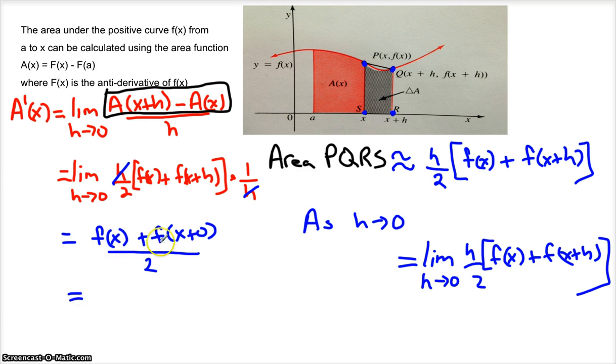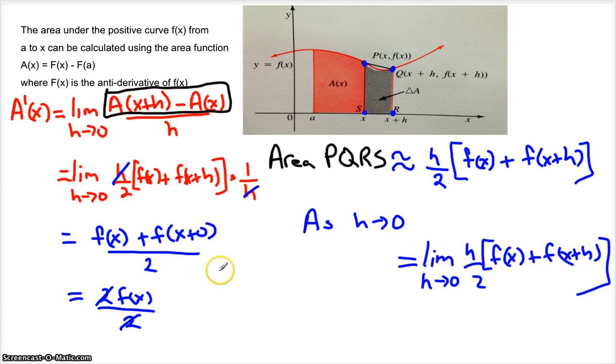And f at x plus f at x plus 0, well, this is the same as f at x. So f at x plus f at x is 2f at x. Don't forget to divide by 2, and 2 divided by 2, here we go, we're left with just f at x. So we started with the derivative of A at x, and we ended up with f at x.